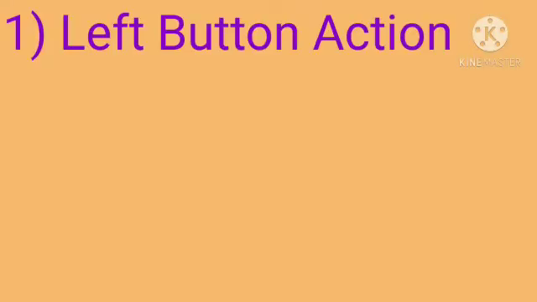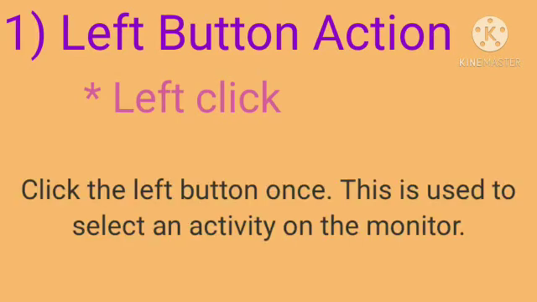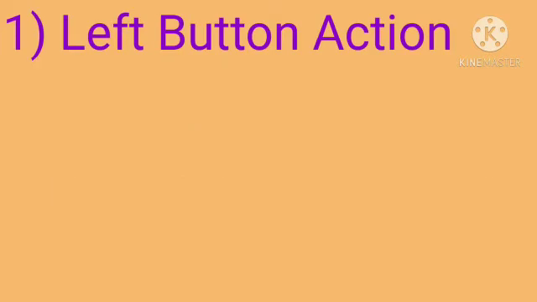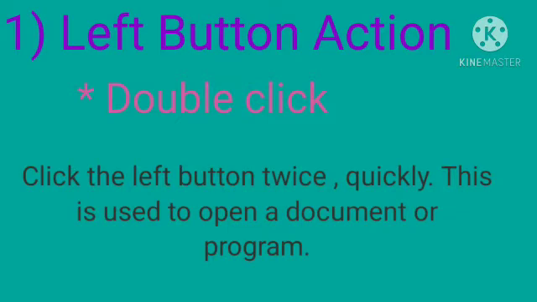Left button action. Left click. To left click, gently press and release the left mouse button once. It is used to select an icon and give commands to the computer. Double click.